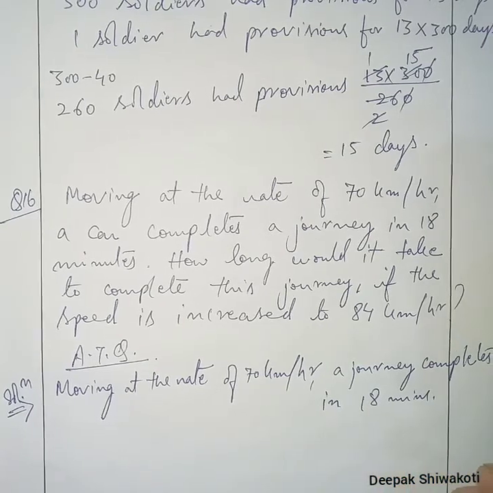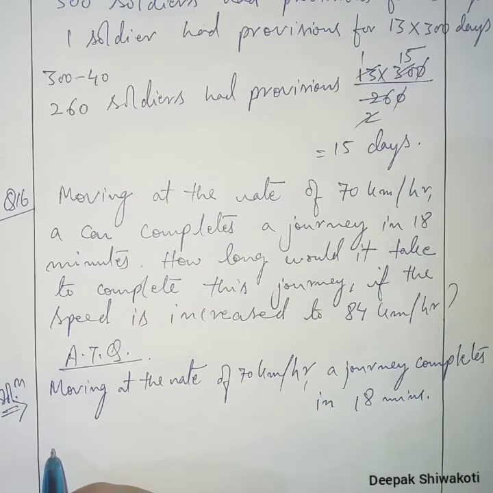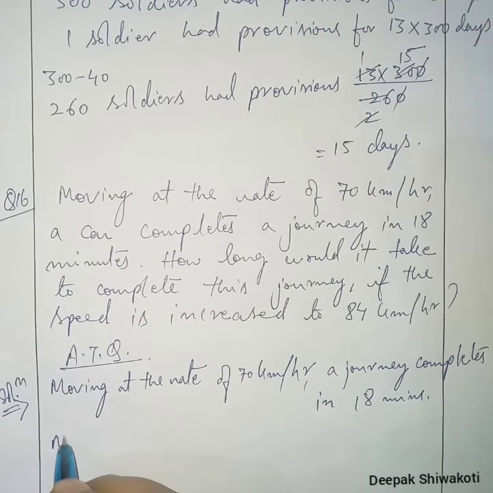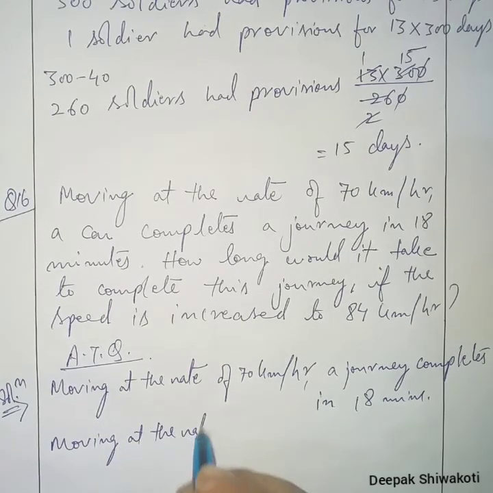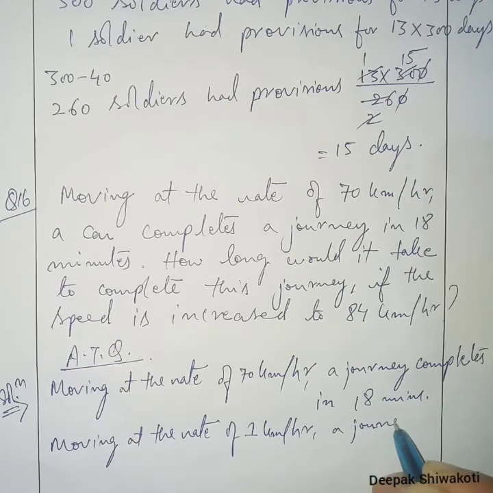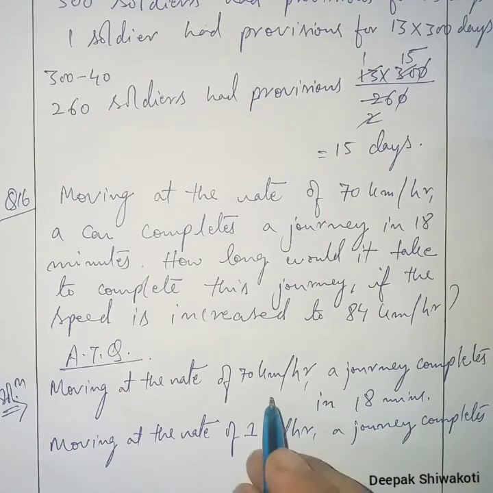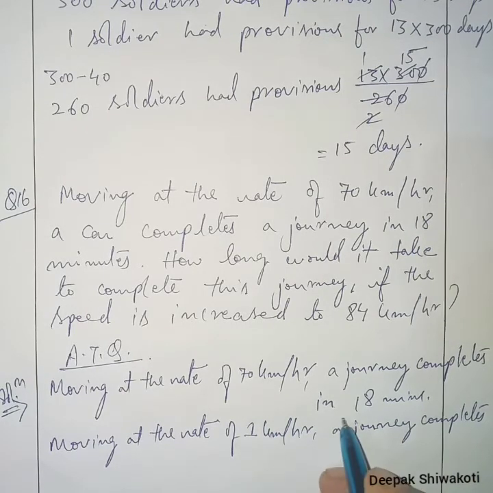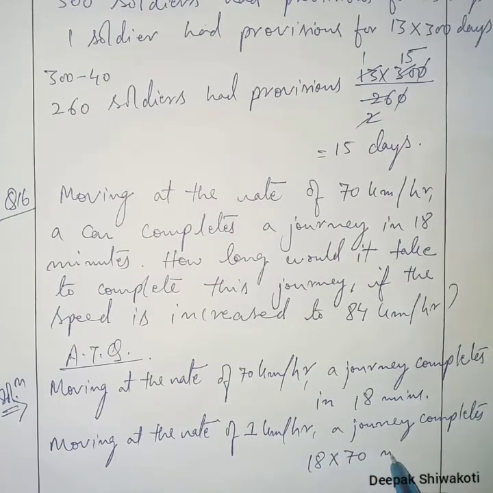Okay, now for 1 km per hour we'll find the time taken. Moving at the rate of 1 km per hour, a journey completes. As the speed is less, the time taken will be more. More means to multiply. So here 18 into 70 minutes.